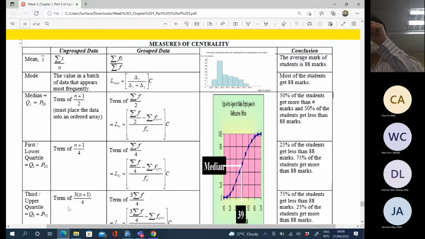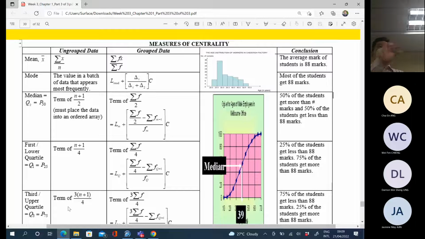The next is locality measurement. Locality measurement means you can only measure the value to describe the data at a certain point only. So we call it locality measurement or centrality measurement. Q3 is also a locality measurement, which can only describe the data at one point. Q3 is also called the third quartile, upper quartile, or 75th percentile.